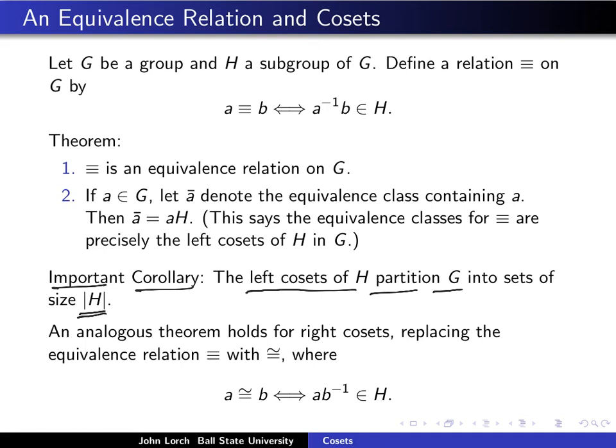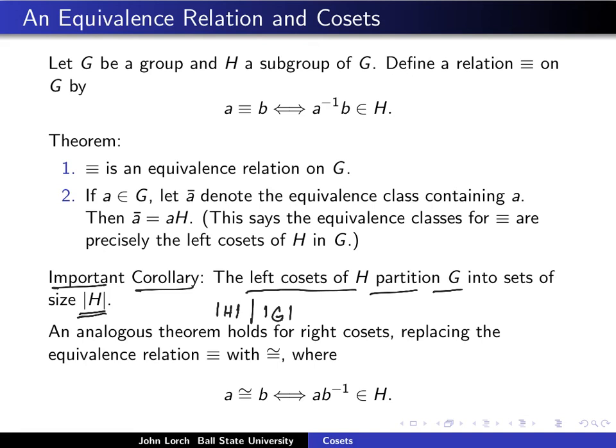So that means that these left cosets of H partition the group G into sets of equal size, namely the size of H. And what that means in particular is that the size of H must divide the size of G for finite groups. And that's really important.